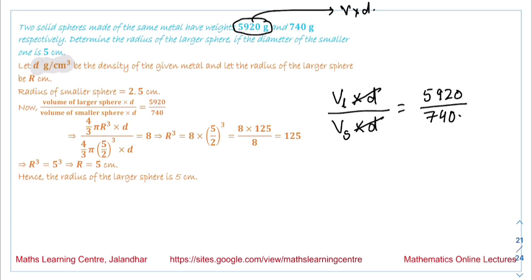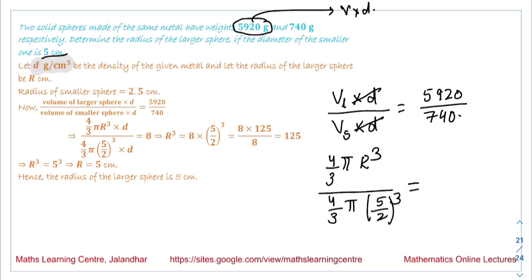Now the volume of the larger sphere is 4/3 π r cube, and the radius of the smaller sphere is 5/2. So its volume is 4/3 π into (5/2) cube, and that is equal to 8. This 4/3 π gets cancelled.